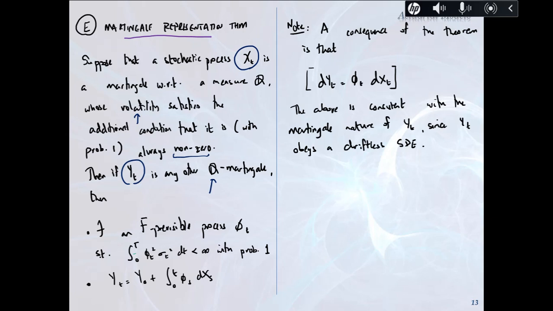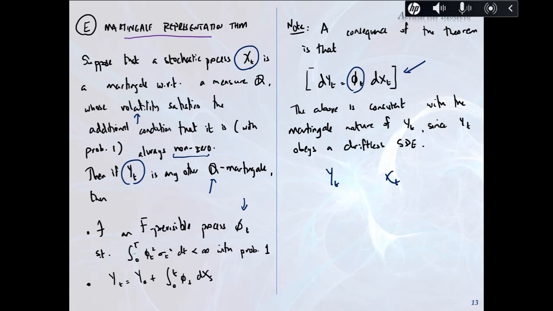Then we can write Y_t in terms of X_t like this, where dY_t is equal to phi dX_t, where phi is in fact an F previsible process.